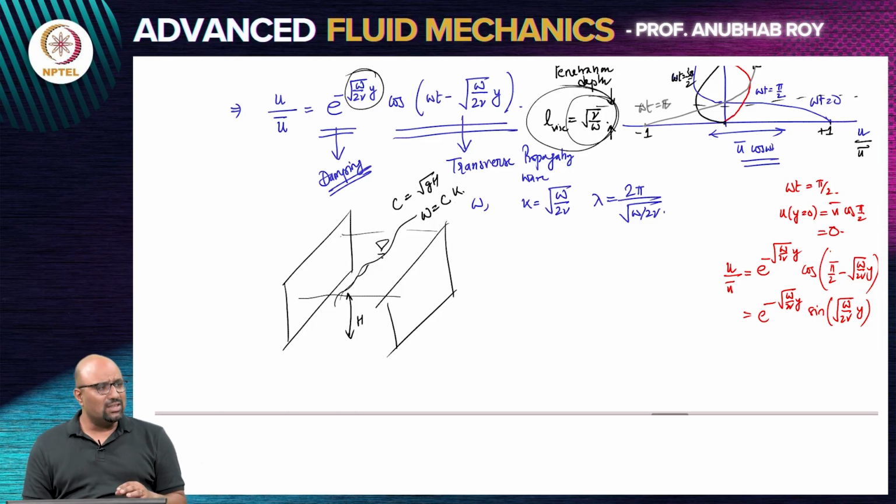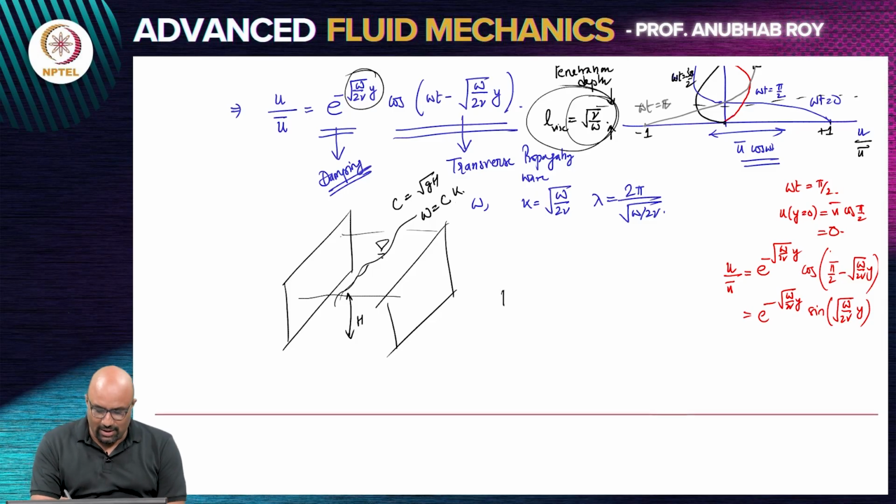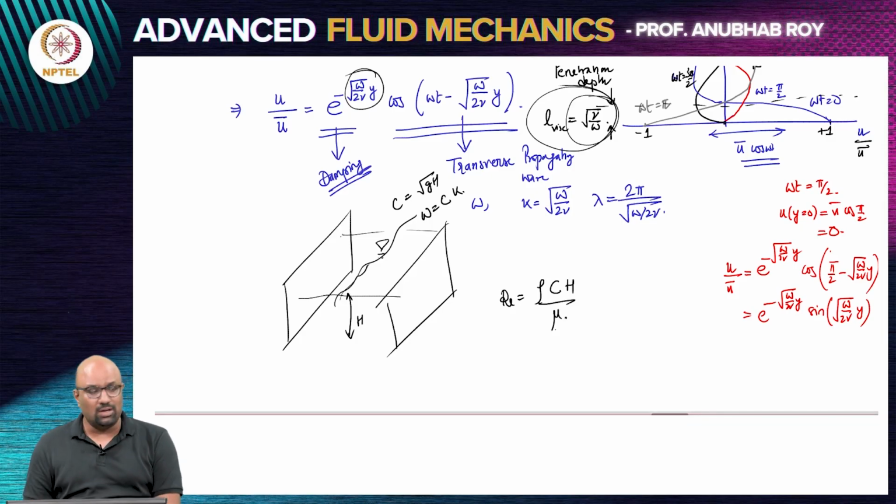Now, the dissipation in the bulk will often be characterized based on a typical Reynolds number in a problem. So, if the density of the fluid is rho, the characteristic speed with which motion is occurring is c, the height is h, and the viscosity is mu, something of this sort.